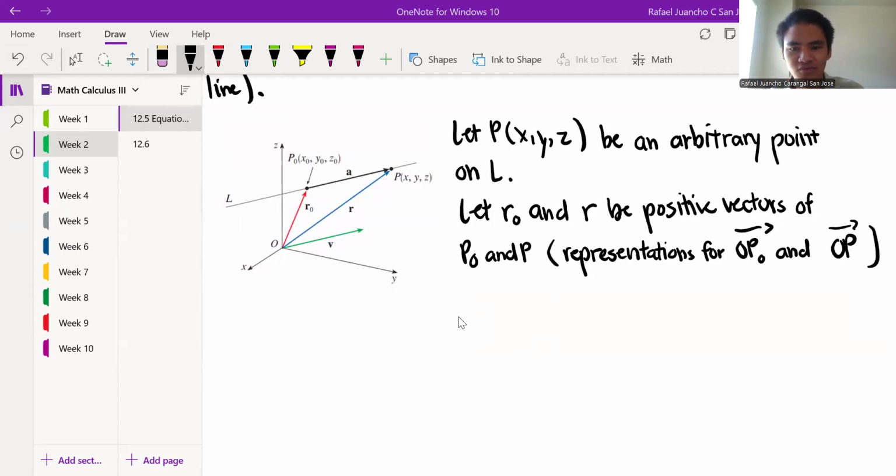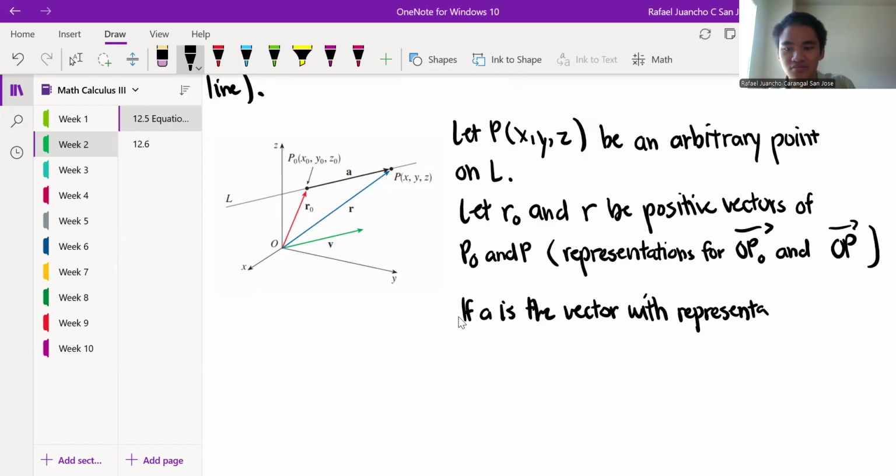Okay, and what are we saying here? Let's say A, so we see A here. I don't know why they highlighted it in black, but whatever. If A is a vector, this also has a representation, right?